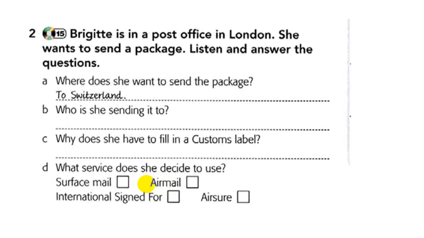Oh, £5.89. Not much difference. Oh, well, I'll send it airmail then. Is it safe? I mean, this is quite important. Well, if you want a signature when it's delivered, you can send it international signed for. That's an extra £3.50. So that'll be £9.39. I see. Or for an extra £4.20, you can send it airsure. That means priority handling and online tracking for the whole journey. It's the most secure way to send it, and faster too. It takes 2 days. That'll be £10.09.